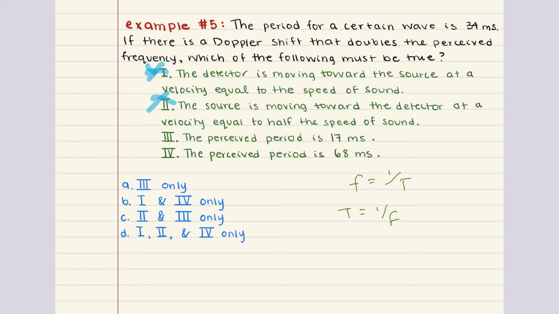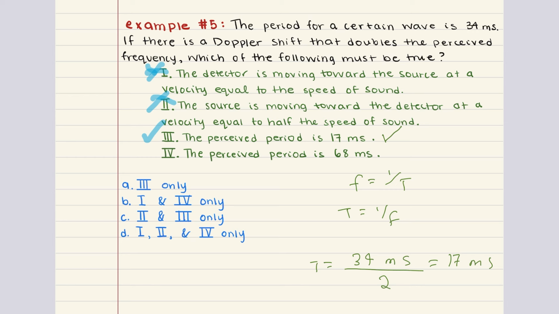Doubling the frequency would actually cut the period in half. So the initial period of the wave is 34 milliseconds. If the perceived frequency doubles, then the new perceived period will be 34 milliseconds divided by 2, and that's going to be equal to 17 milliseconds. So statement 3 is actually correct. So statement 3 is the only statement so far that is true.